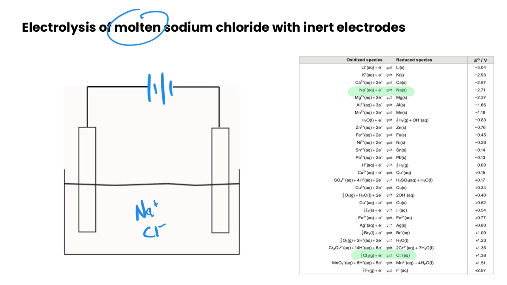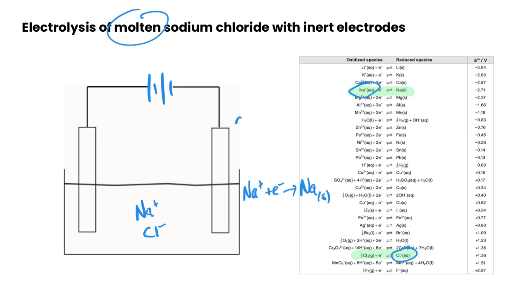That means that the Na plus is our strongest oxidizing agent, and our Cl minus is our strongest reducing agent. So the Na plus is going to undergo reduction, and reduction happens at the cathode. So let's put that in here.